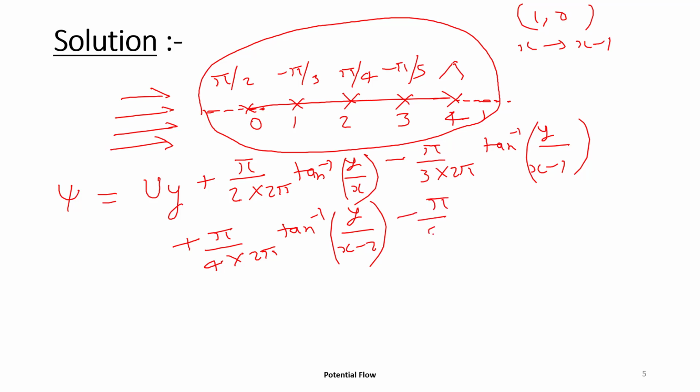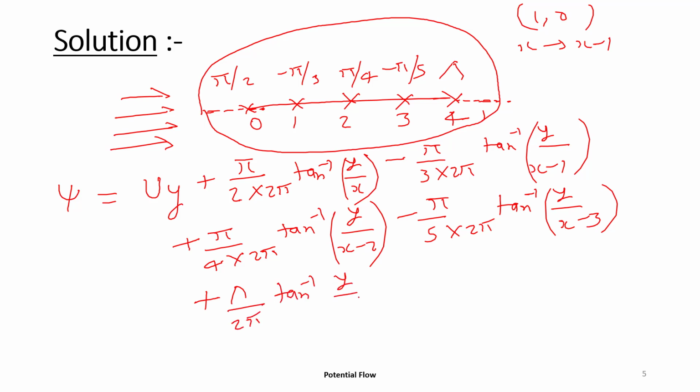Next sink, minus pi by 5 into 2 pi tan inverse y by x minus 3. And the last, which we have to find, is plus gamma on 2 pi tan inverse y by x minus 4. So this is the stream function.